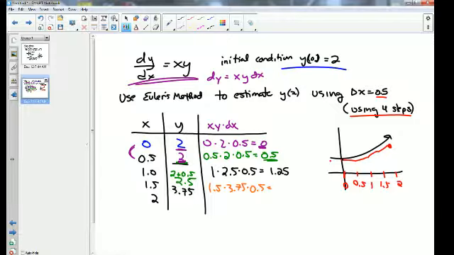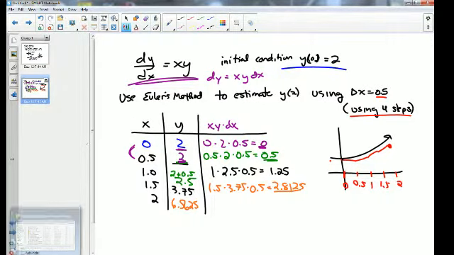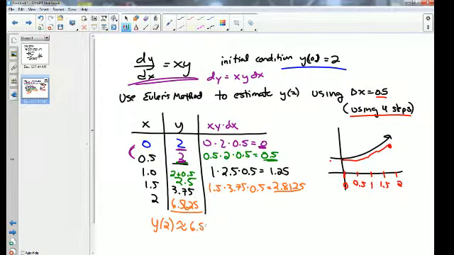That's what this is going to be. So you see how the progression goes? So your approximation for y at 2 is 6.5625.